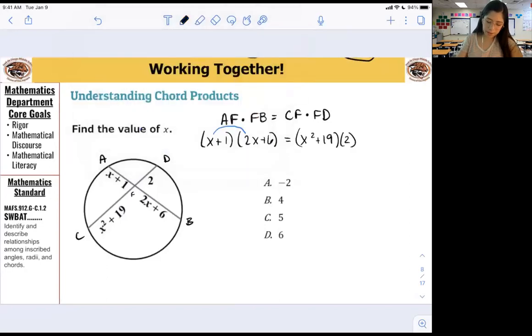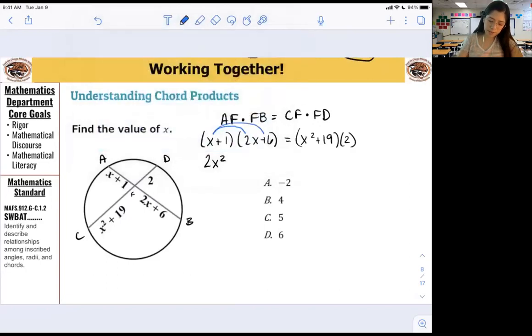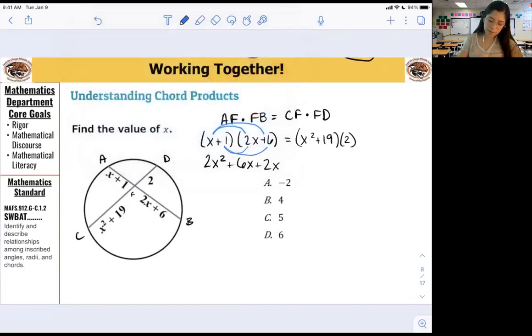So I get 2x times x, that's 2x squared. X times 6, that's 6x. 1 times 2x, that's 2x. And then 1 times 6, that's 6.